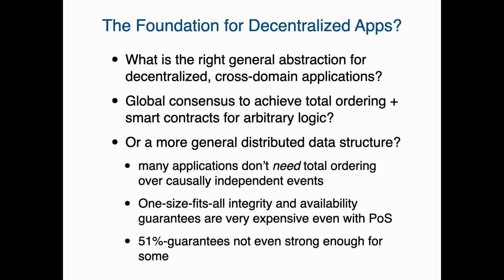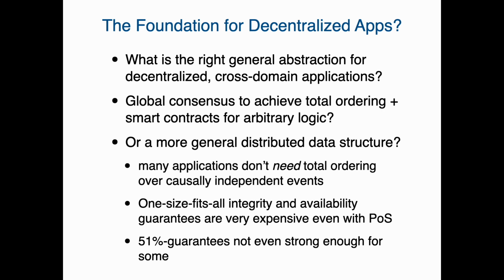Another issue is that the blockchains are trying to provide some kind of one-size-fits-all guarantees of integrity and availability, a very strong guarantee, but not necessarily strong enough for everybody, and it's very expensive. You have fundamental scalability limits.